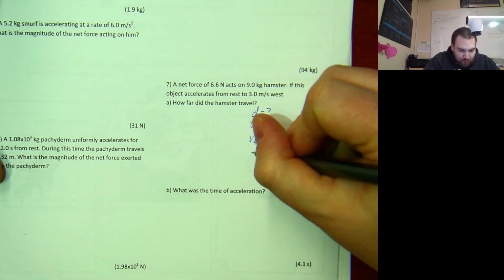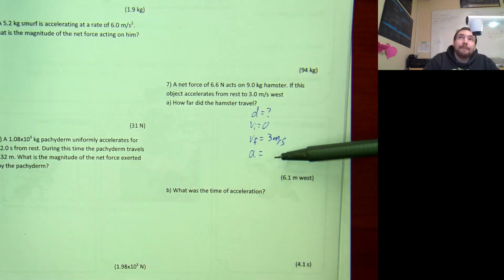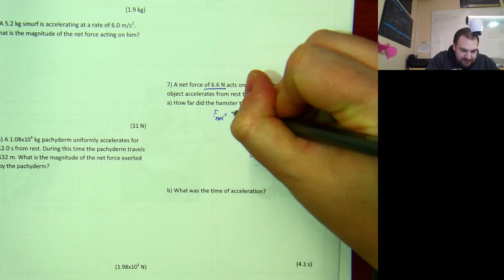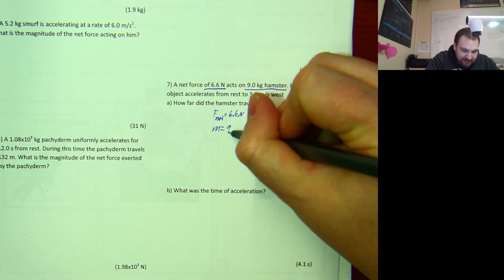We're told that this thing is accelerating, but we don't know what the acceleration is. What we are told, though, is that there is a net force acting on this thing, and we also know the mass of the hamster. So we know that the net force is 6.6 newtons, and the mass of the hamster is 9 kilograms.